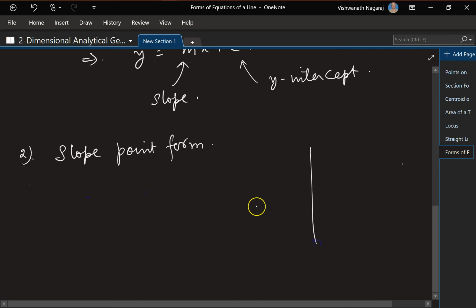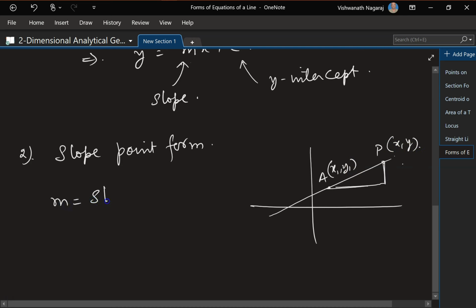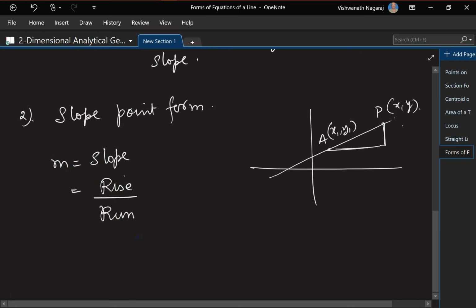Okay, now let's look at another form, slope point form. So let's say we have a line and we have a point A, and we have an arbitrary point P. Let's say A is x1 comma y1 and P is x comma y. We know m equal to slope, which is equal to rise by run. Now rise would be what?